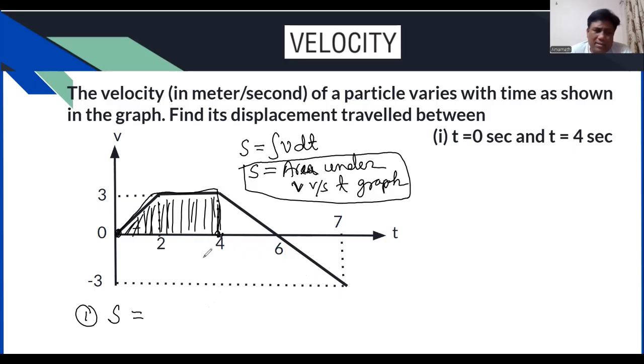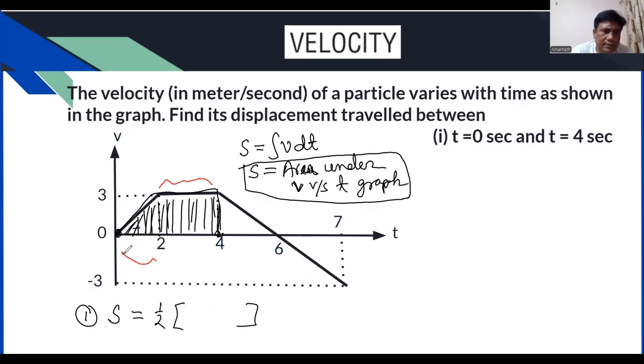Trapezium area is half into the sum of the parallel sides into the height. Parallel sides: here the length of the side is 2, and here the length of the side is 4.